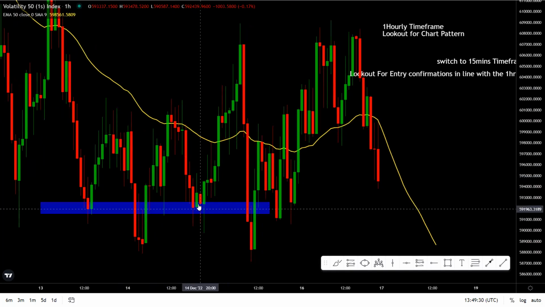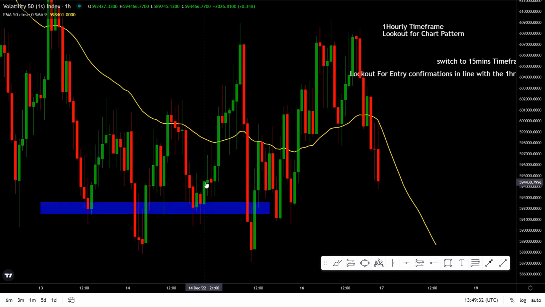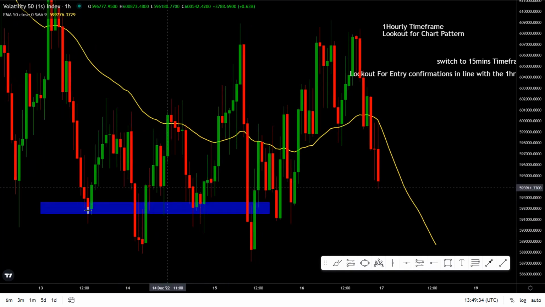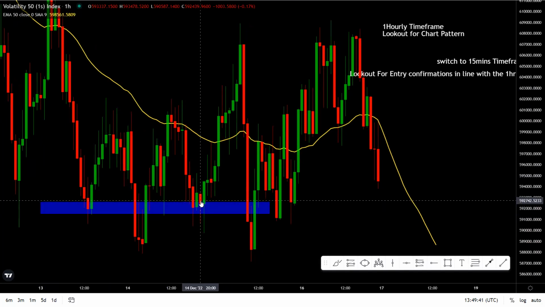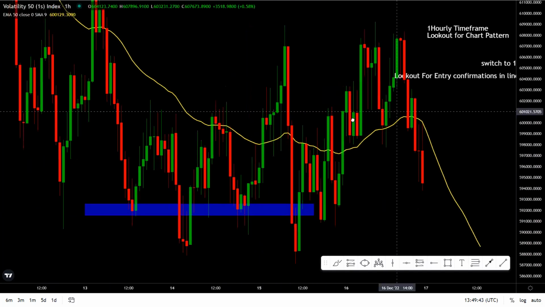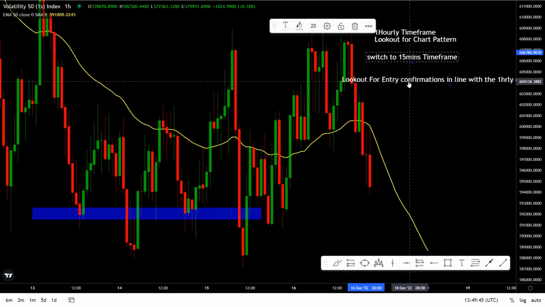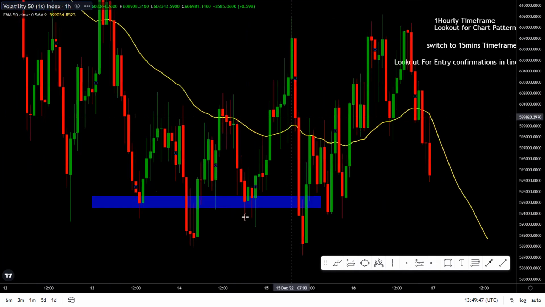And then having seen a clear bullish engulfing candlestick off of that level, I quickly jumped down to the 15 minutes time frame for possible buy entry opportunities.